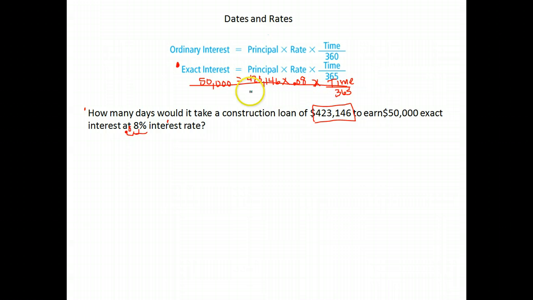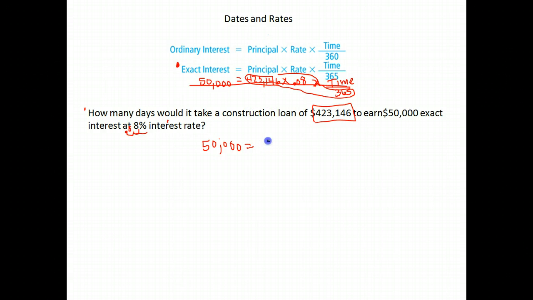Now to calculate this, we're going to calculate everything we can over on this side to simplify. We leave the left-hand side as just 50,000, but on the right-hand side, we take our 423,146 times 0.08, and then we're going to divide by 365.